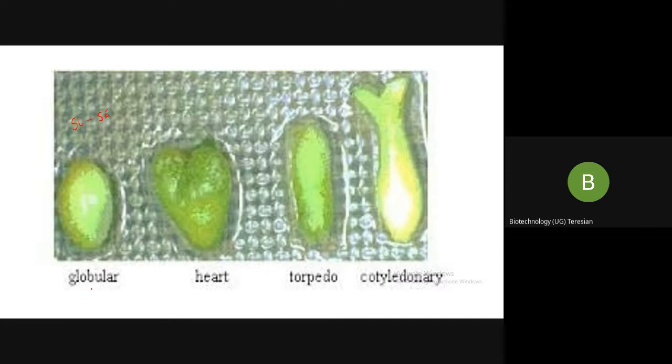At this stage, the primary meristems, that is your protoderm and your procambium, will all become visible. Your protoderm and your procambium will all be visible in the globular stage. So protoderm is what?